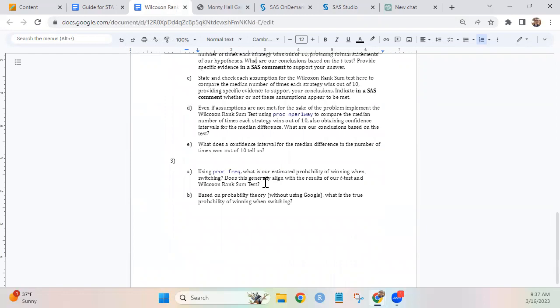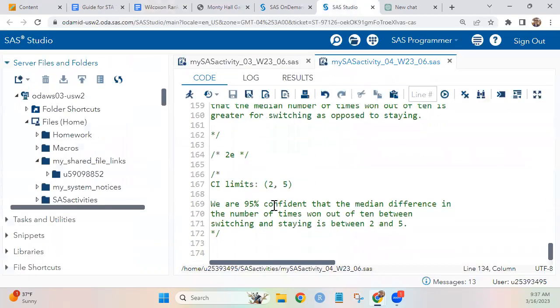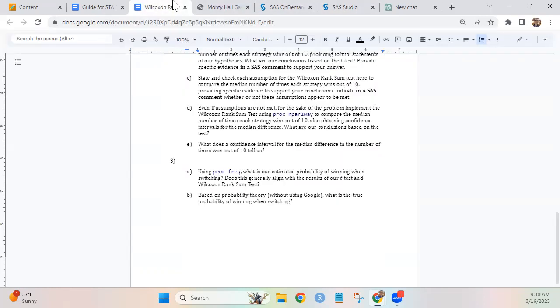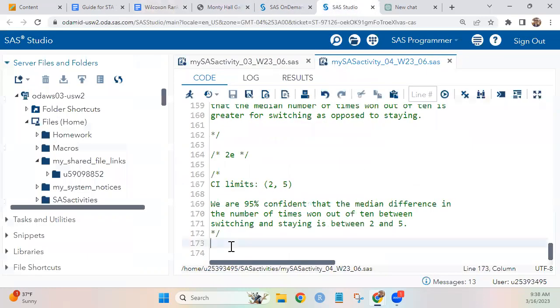So we don't do z-tests of proportions in this class, but we can use proc freq just to get some summary statistics about the proportion of time that we win, right? So yeah, let's do proc freq, part 3A.